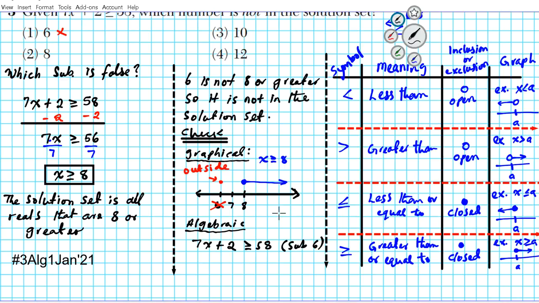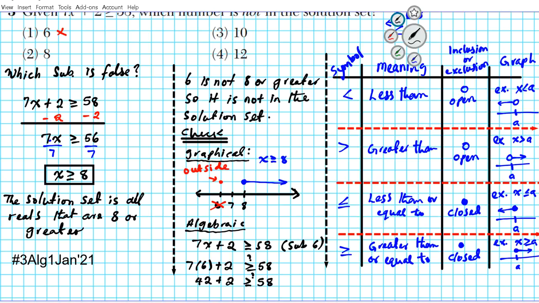So we substitute 6. We have 7 times 6 plus 2. Is it greater than or equal to 58? Is this a true statement? We don't know yet. On the left side, we use PEMDAS: multiply before you add. 7 times 6 is 42, plus 2. Is 42 plus 2 greater than or equal to 58?